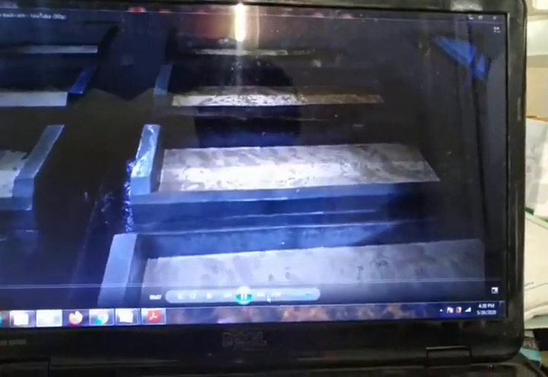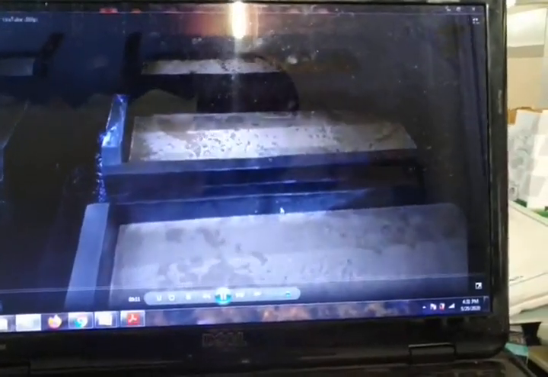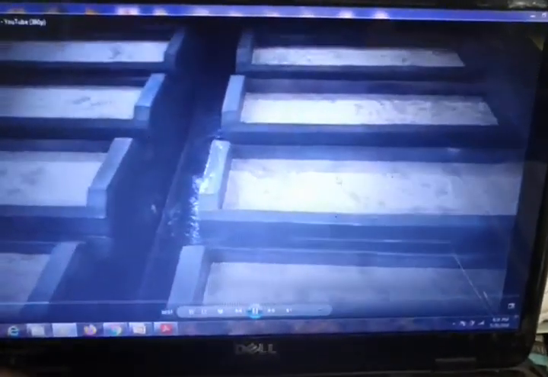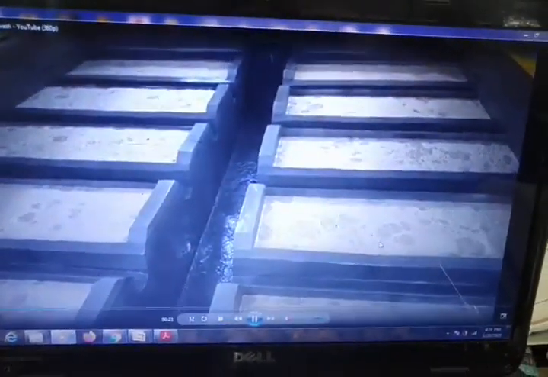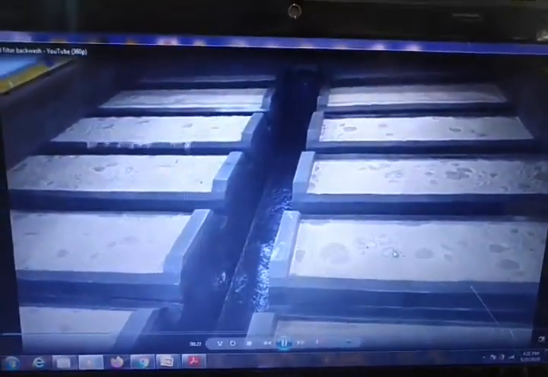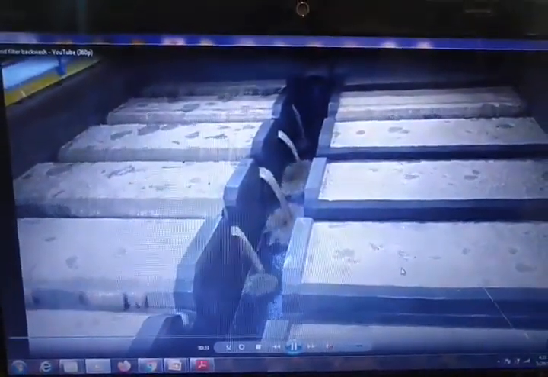Here what is happening, the valve V1 is closed and water is not allowed to enter into the filter. Okay, here as you can see, the water is bubbling out, along with the combination of the air, that is, valves V3 and V4 are opened, so that compressed air is blown from the bottom.